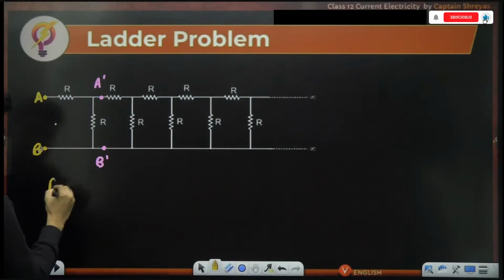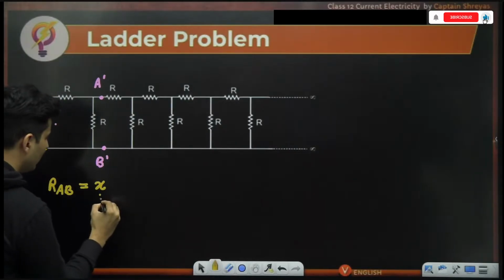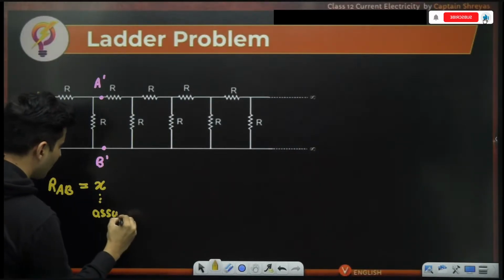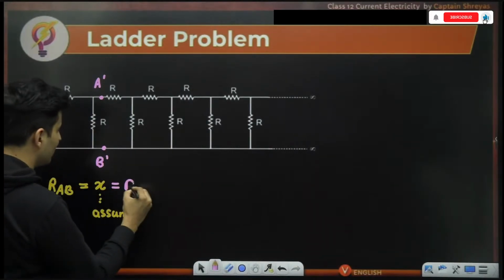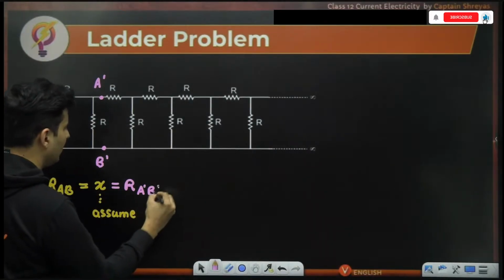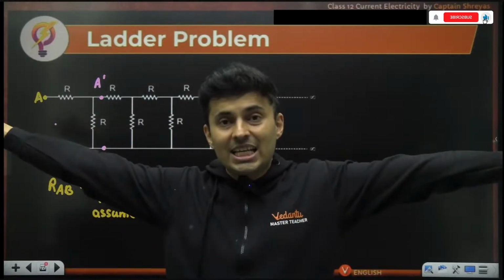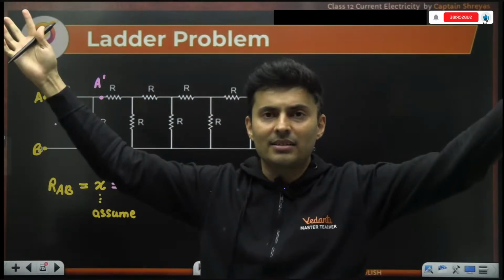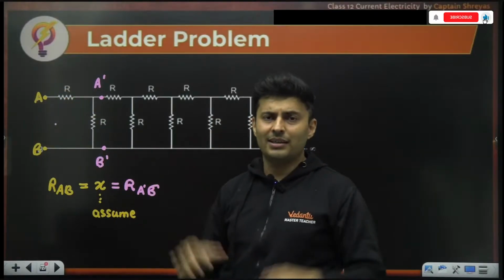between A and B, let's say I assume it to be X. That is also going to be the same resistance between A prime and B prime. Why not? If out of infinite things I take one of it, it will not affect it.